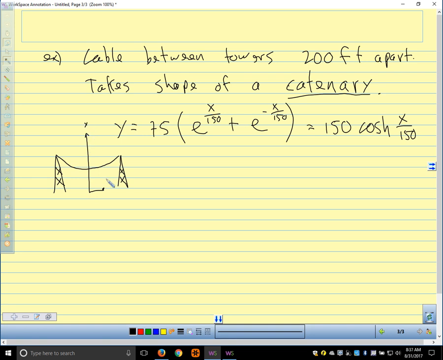So this is y and this is x, and 0, 0 is right in the middle. And here in the middle, it would be 150 feet tall. And there's x equals negative 100, and here's x equals 100 at this tower. So that's the coordinate system that we're using here to get this equation. All right, we want to find the length of the cable.